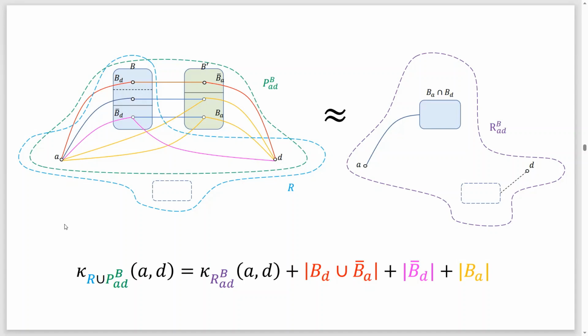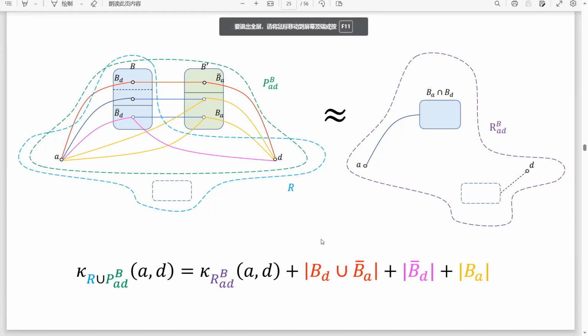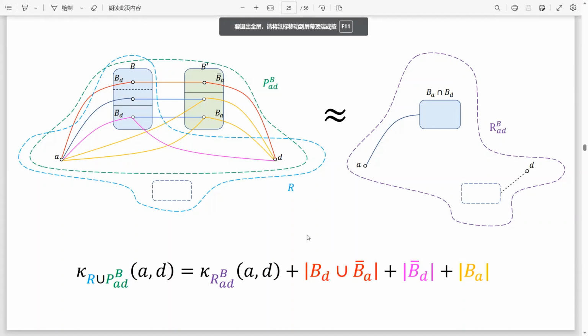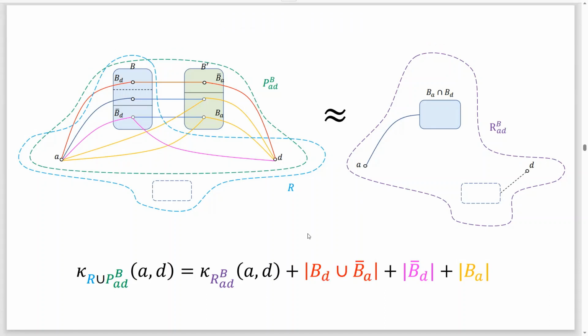So first I will show this, and we will construct the flows first. For these red flows, we can generally go from A through a node in BD cap BA bar, go through the matching edge to B prime, and then go to D directly, as shown in the red paths.